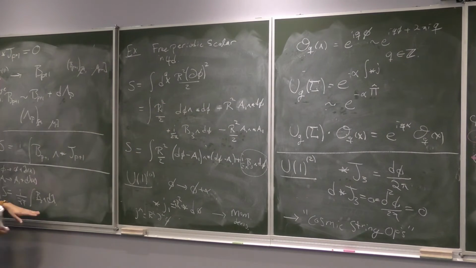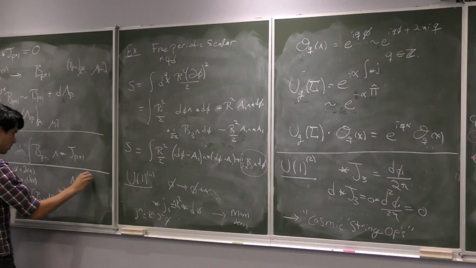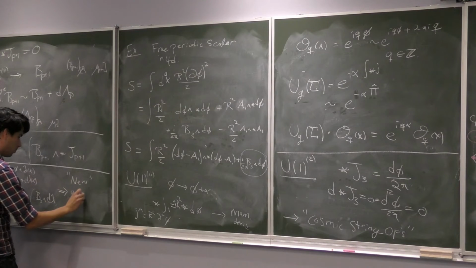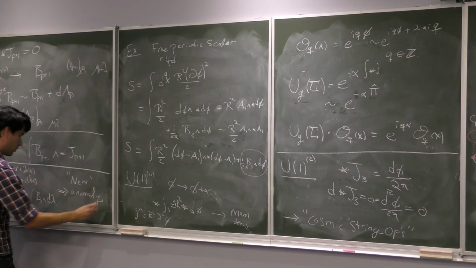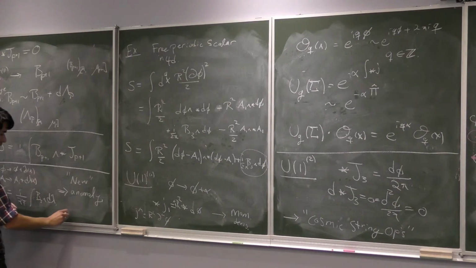But it turns out there does not exist any term you can write down that gets rid of this transformation. And this is the statement of a new anomaly. This is a mixed anomaly between a 0-form and a 2-form global symmetry. And these always occur in free theories.